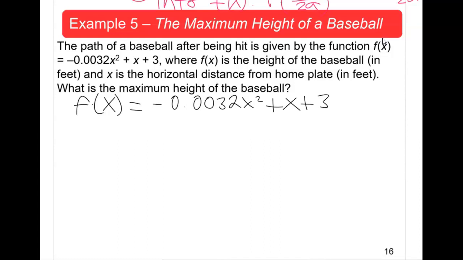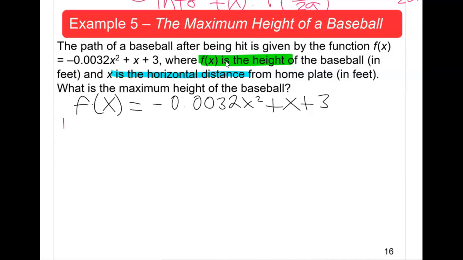Where f of x is the height of the baseball in feet and x is the horizontal distance. So we have x as horizontal distance and f of x, or y, as the height or vertical distance. And the question is, what is the maximum height of the baseball?